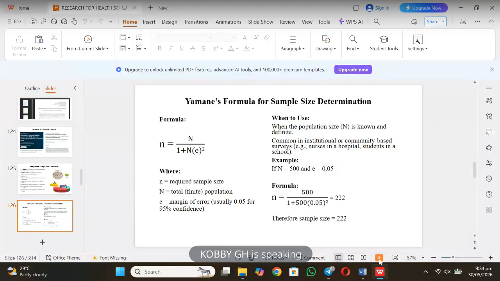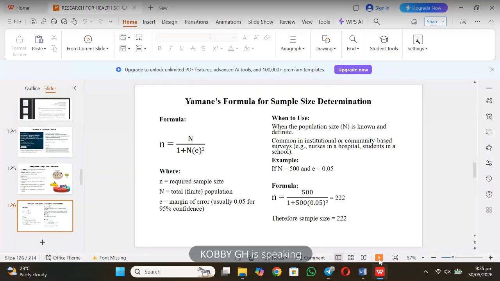One, when you know the population size, the N. Two, when the population size is not small enough, meaning it is very large, don't use Yamani's formula. Dodge it, and use Cochrane's formula.